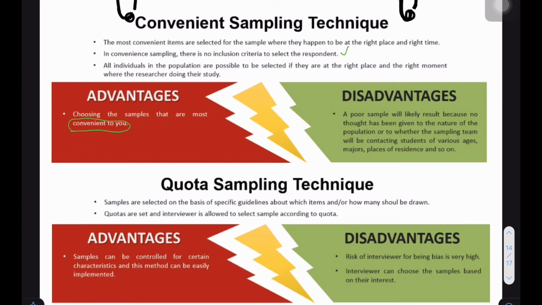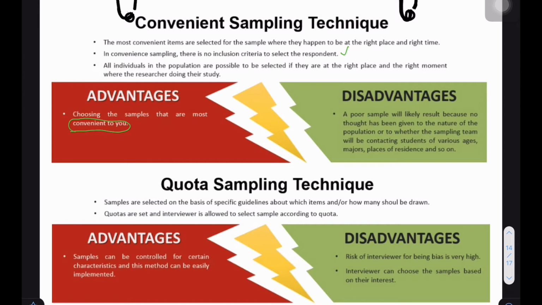Okay, so what is the disadvantages of this technique? The first one is a poor sample will likely result because no thought has been given to the nature of the population or to whether the sampling team will be contacting students of various ages, major, places, resident and so on. Dalam kata yang mudah, kadang-kadang kita memilih ni mengikut suka kan, ikut kita punya preference, without knowing sifat-sifat yang mungkin akan effect kita punya study.